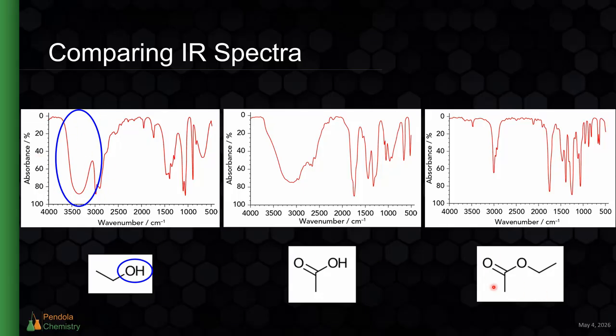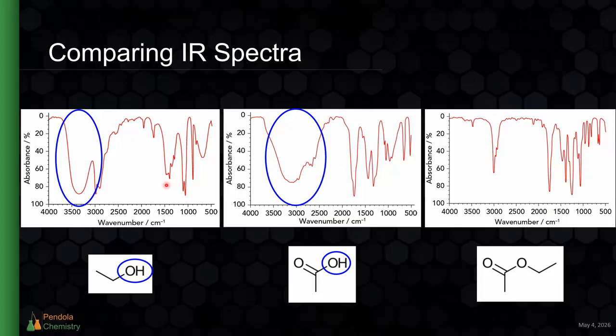If we notice for the ester, which does not have an OH group, that peak is missing. If we look at the carboxylic acid in the middle, that peak is also there. Notice, are they identical? No. But it's still a wide peak at around 3,000 to 3,500, around there. That is, again, textbook of that OH peak.